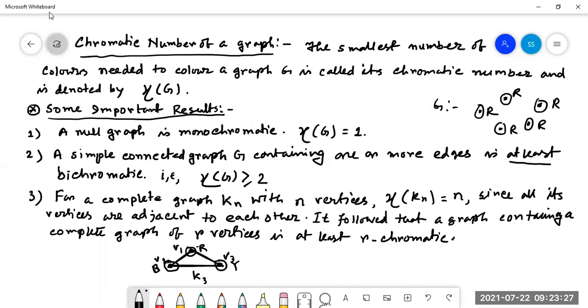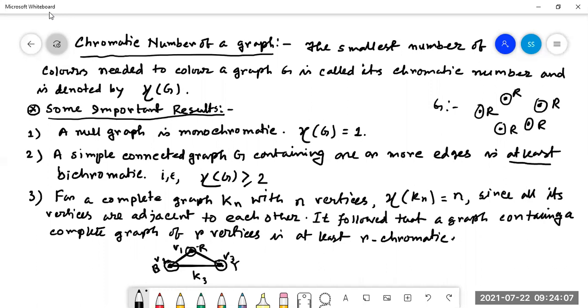With V1 red, the adjacent vertices V2 and V3 cannot be red, so V2 is blue and V3 is yellow. V2 and V3 are both adjacent to V1 too. As V2 is blue, V3 cannot be blue, so it is yellow and V1 is red. For V3, the adjacent vertices are V1 and V2; as V3 is yellow, they are red and blue. So here the chromatic number is 3.